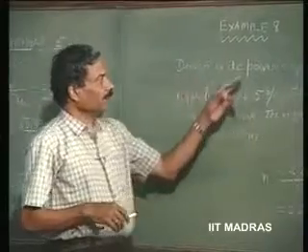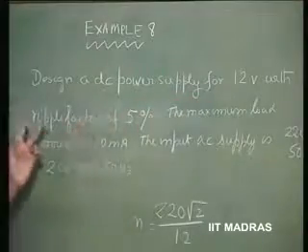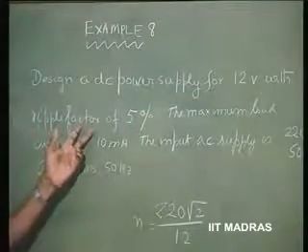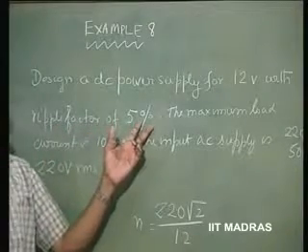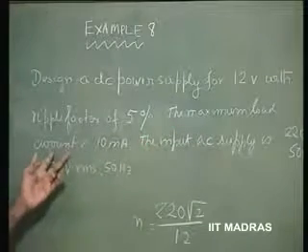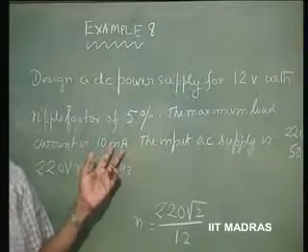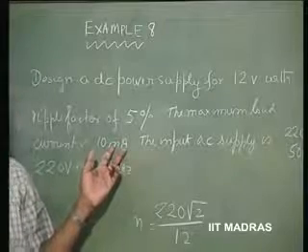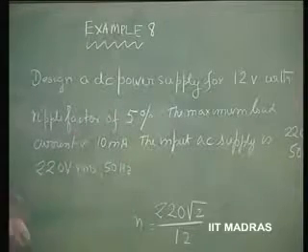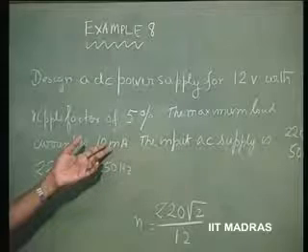Design a DC power supply for 12 volts with a ripple factor, which we have defined earlier, of 5%. The maximum load current is 10 milliampere. This also I have discussed, that we design for the worst case situation where the power supply is going to deliver the maximum current, that is given as 10 milliampere.